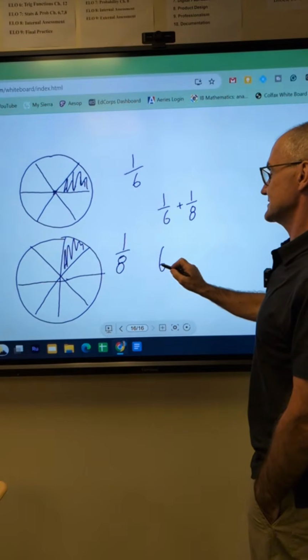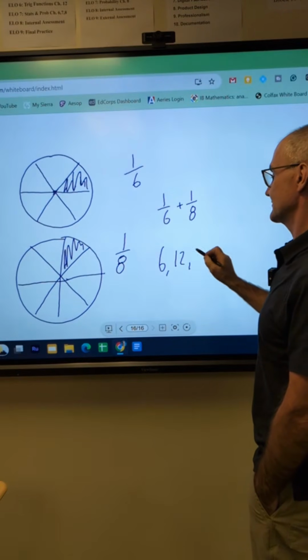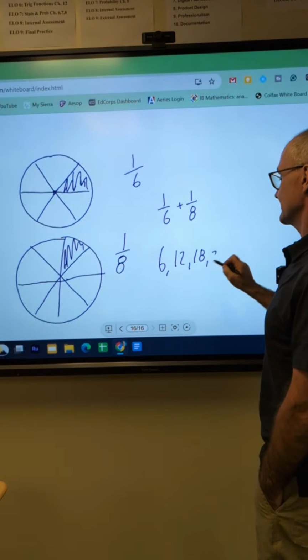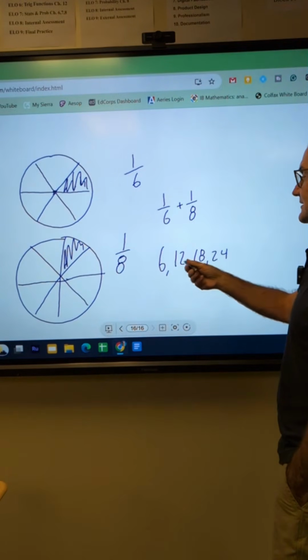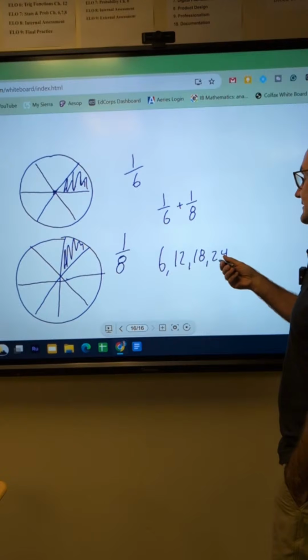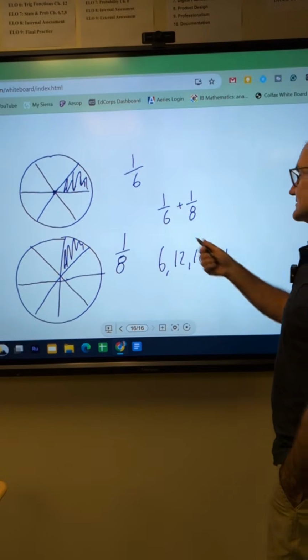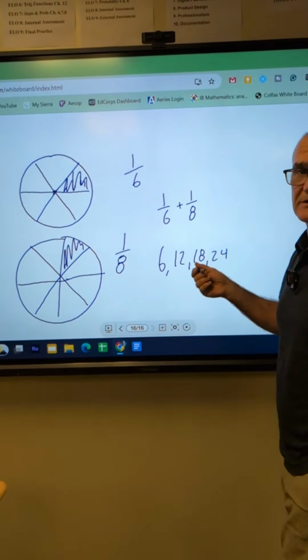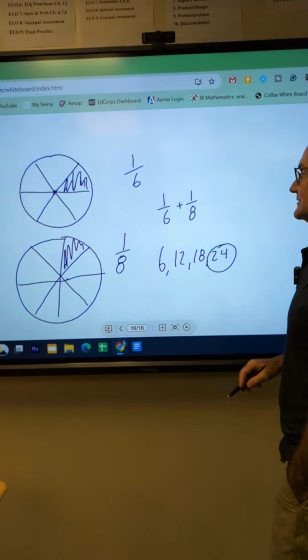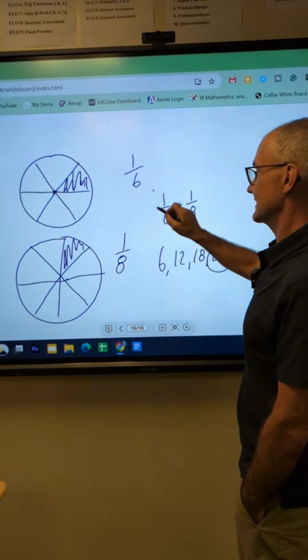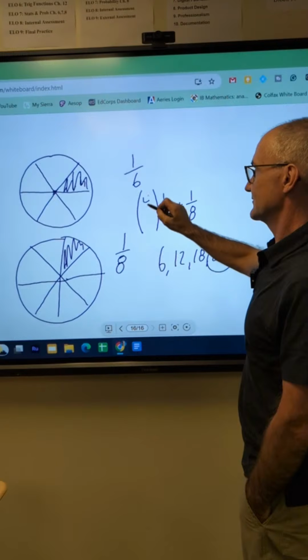So 6 will go into 6, it'll go into 12, 18, 24, so on. 8 will not go in here, here, here, but it will go in here. So 8 will go into 24 3 times. 6 will go into 24 4 times. So I need to get that as my lowest common denominator. To do that, I'm going to have to multiply this by 4.